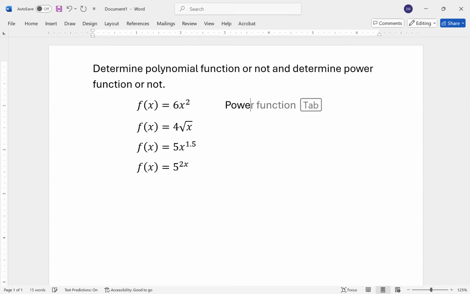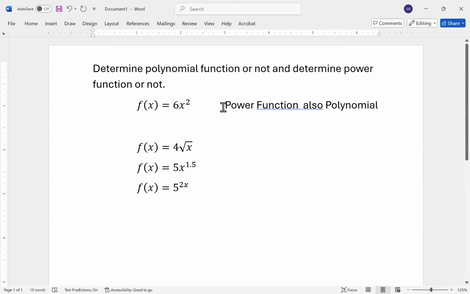So it is a power function. Also, because we have x to a whole number power, it's also a polynomial function. So this first f of x is both a power function and also a polynomial function.